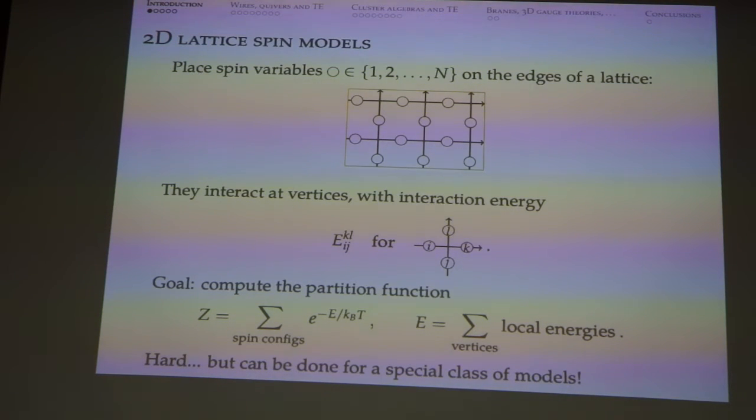It can take discrete values 1 up to n. By lattice model, I mean these spin variables are arranged according to a lattice. I have drawn a 2x3 lattice, and it's supposed to be drawn on a torus, so I impose periodic boundary conditions. And these spin variables are located on the edges of the lattice.